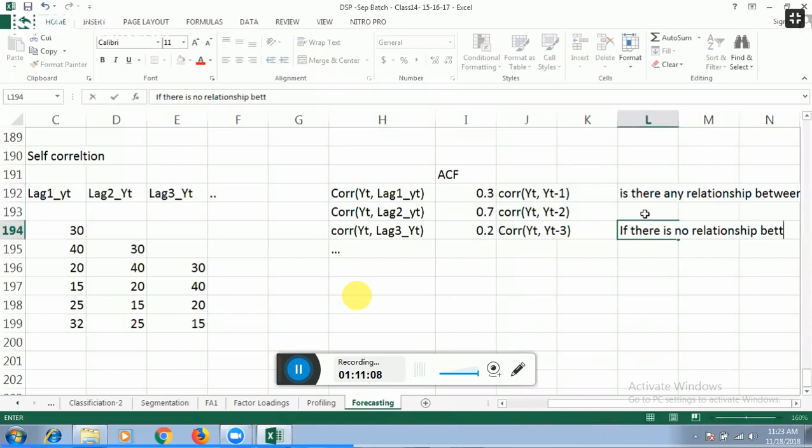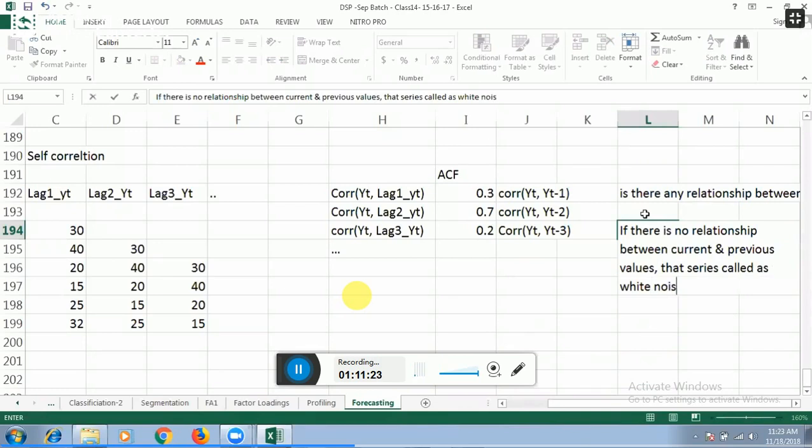So if there is no relationship between the current and the previous values, that series is called white noise or random walk.